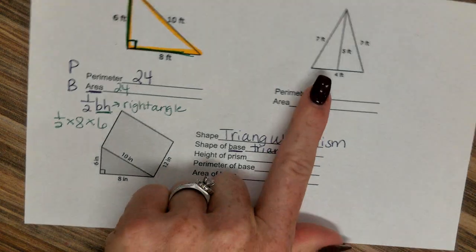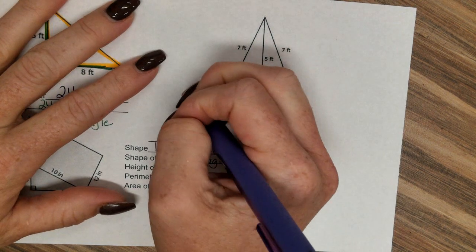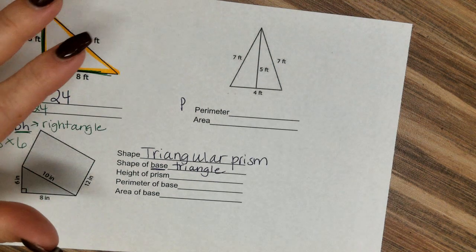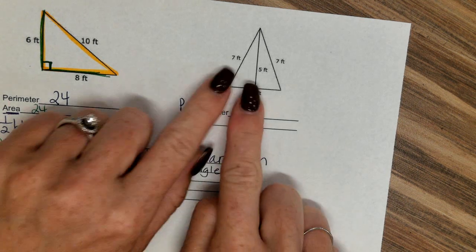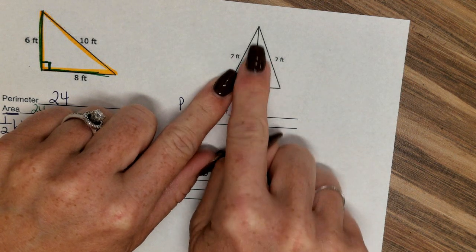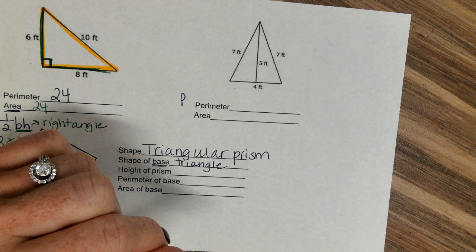All right, let's do this one. How do you find P, the perimeter of a triangle? Add how many sides? 3, only 3. So this side in the middle, am I going to add that 5? No, that is not part of the perimeter.